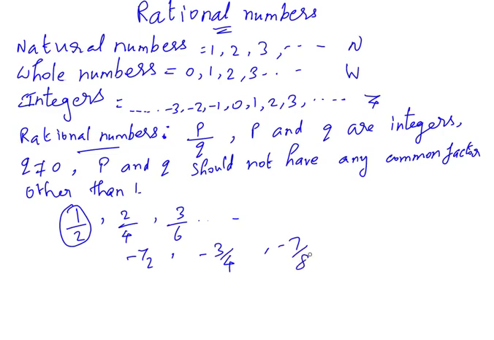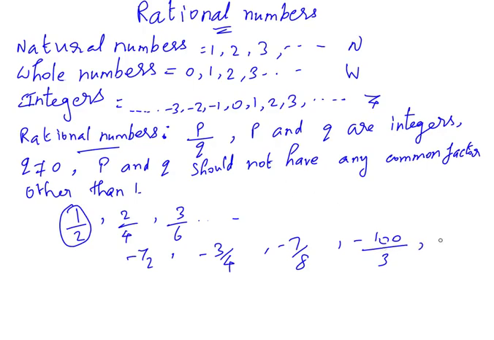Minus 7 by 8 is a rational number. Minus 100 by 3 is a rational number. Why? Because even though it has a negative sign, the two numbers do not have any common factor. So those numbers are called rational numbers.